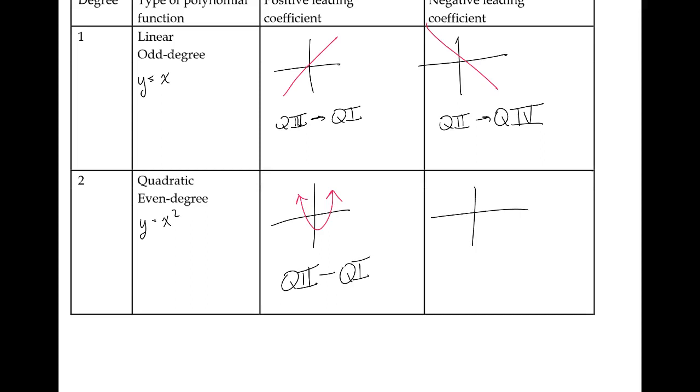But with a negative leading coefficient, it flips my parabola over, meaning that it opens downward. And both ends are still pointing in the same direction, but this time they're pointing down, so pointing at quadrants 3 and quadrant 4.